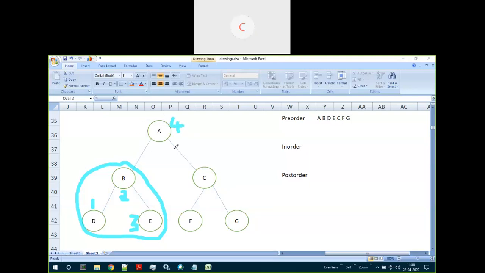So in-order, I'm taking here. Then I complete the left, I completed the parent, and then what is left out? I have the right child left out.